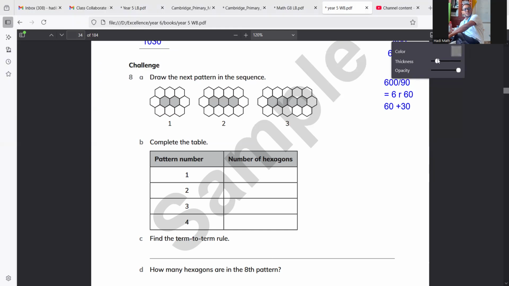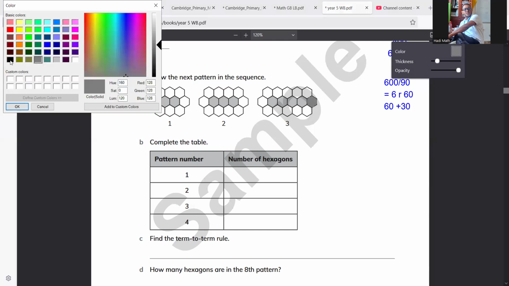We do shade it. After we shade it, we need to cover it with what? We need to cover it with another 3.